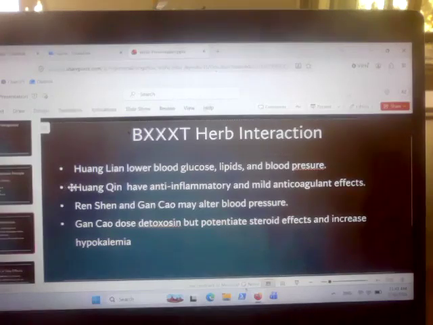The third interaction: Renshen and Gancao used in Xia Xie Xin Tang can affect blood pressure. Gancao does detoxing, potentiates steroid effects, and increases hypokalemia.